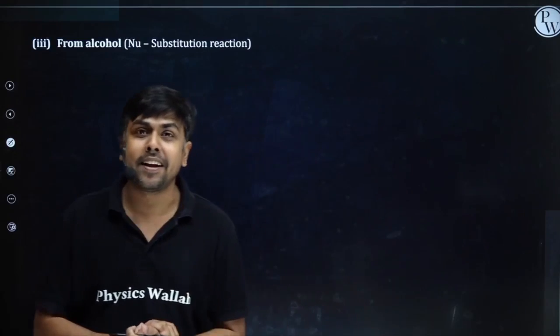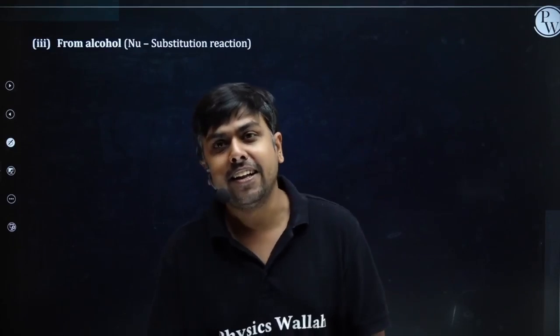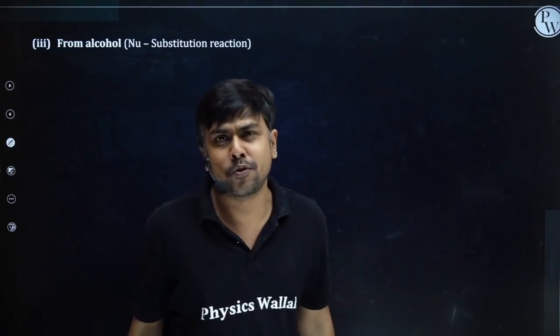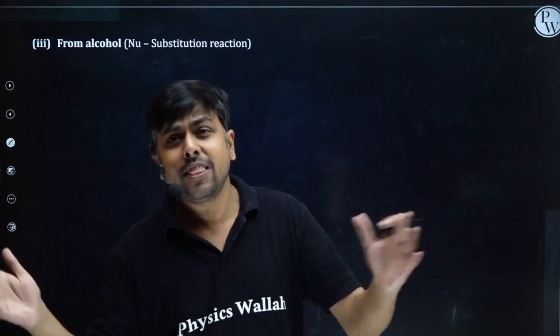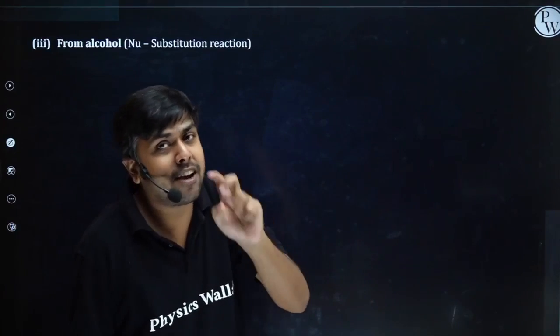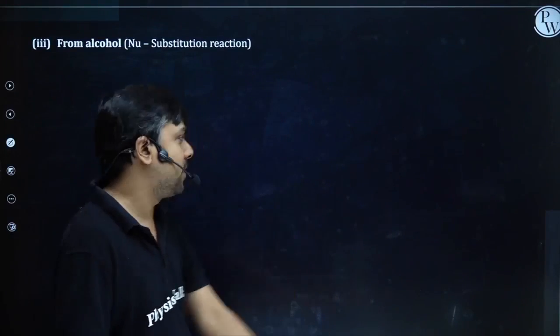Friends, moving ahead, the next method through which we can synthesize alkyl halide is from alcohol by nucleophilic substitution reaction. Although we have n number of methods through which we can synthesize alkyl halide from alcohol, we'll discuss all these methods one by one.